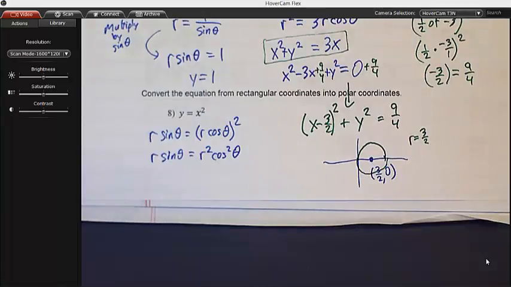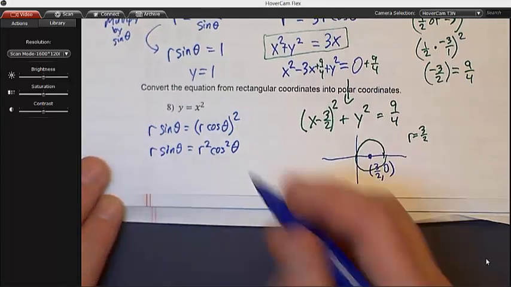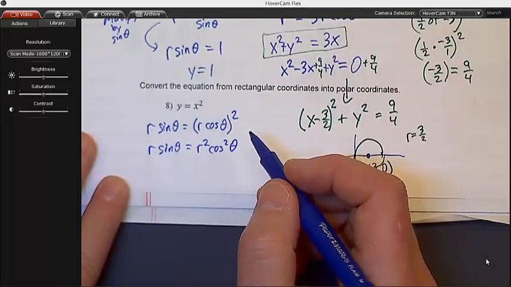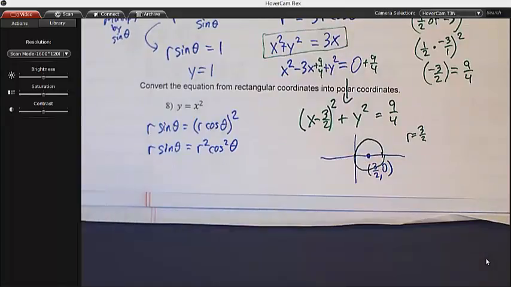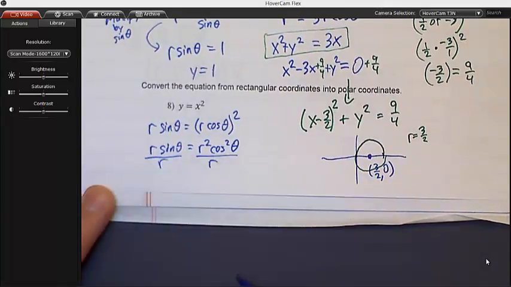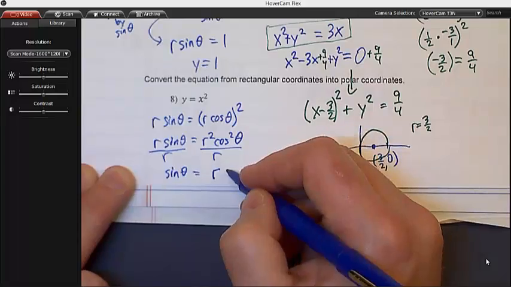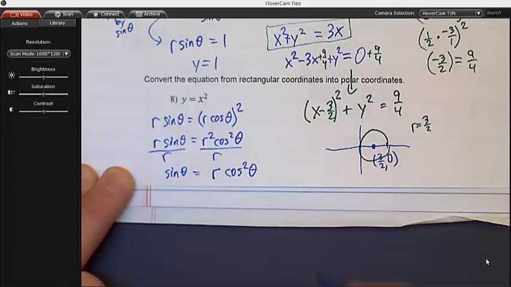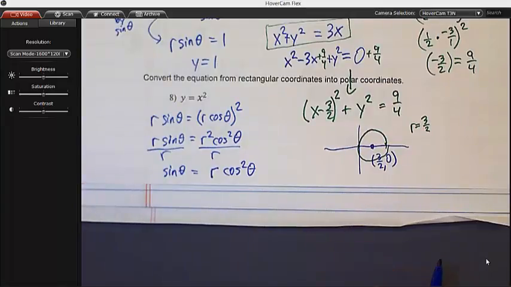That's nice. I can't really put it in the graphing calculator, though. But what you can do is say, let's divide by r. Now I get sine theta equals r cosine squared theta. Are you allowed to divide by r? That's a variable. You are as long as r doesn't equal what?